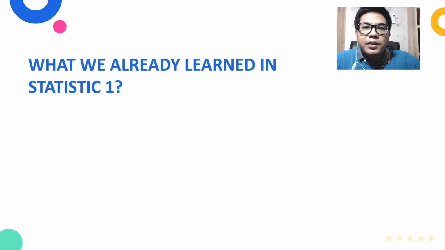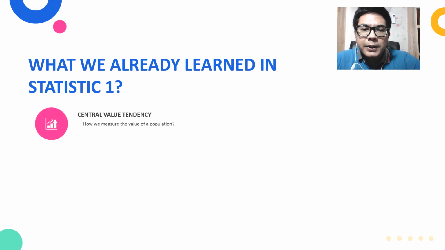First of all, I want to refresh your memory a little bit about something you had learned in previous statistics class or in the introduction to statistics. It is the topic of central value tendency. This is how we measure the value of population.